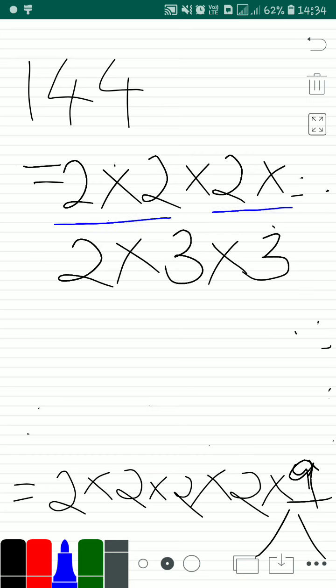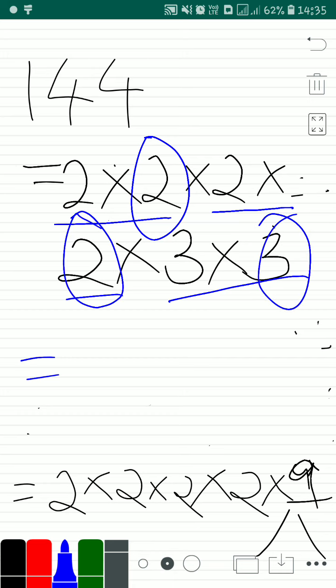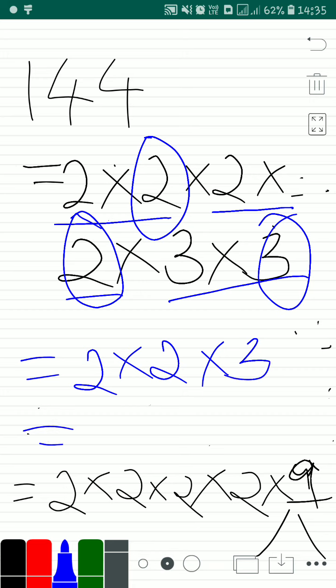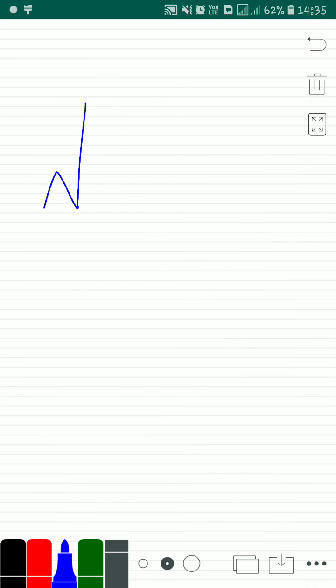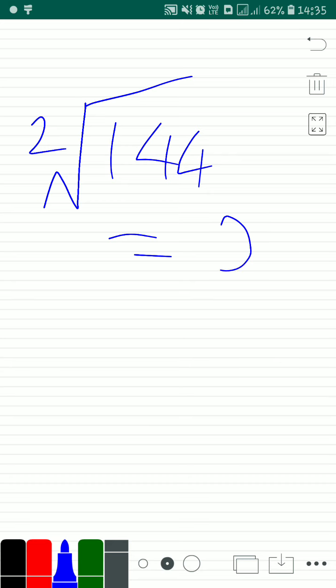This is one pair, this is the second pair, and this is the third pair. So my answer will be, I have to choose one from each, which will give me 2 into 2 into 3. 2 2s are 4, 4 3s are 12. So the square root of 144 is equal to 12.